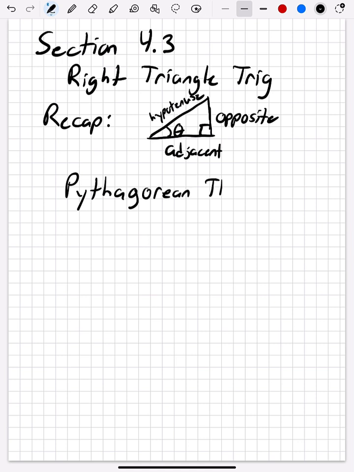And if you remember from maybe your high school geometry class or middle school, the Pythagorean theorem says that a squared plus b squared is equal to c squared.